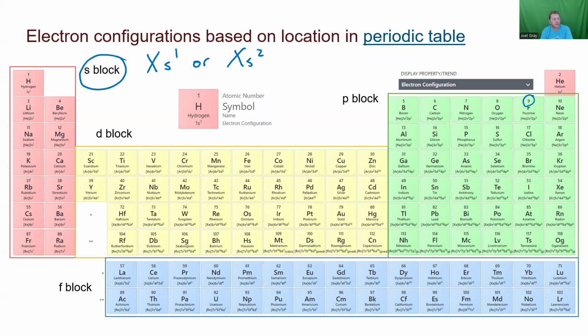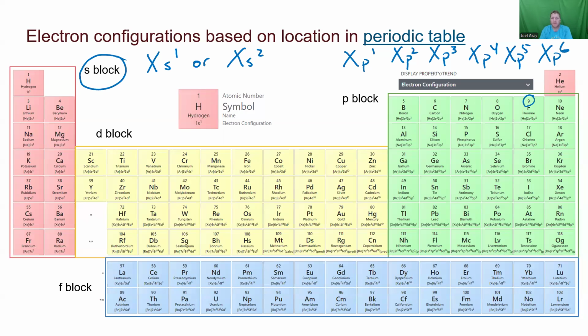The P block, I'm going to go ahead and put XP1, XP2, XP3, XP4, XP5, and XP6. Okay.